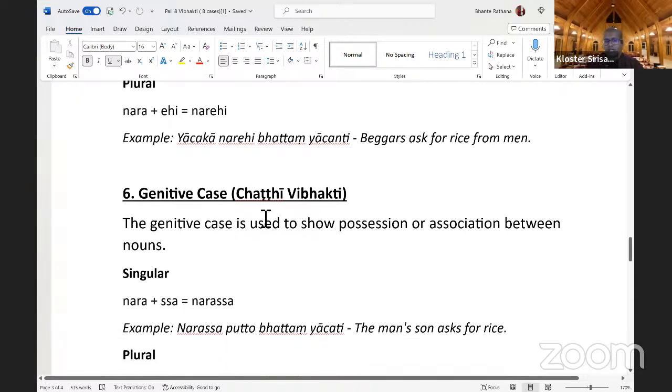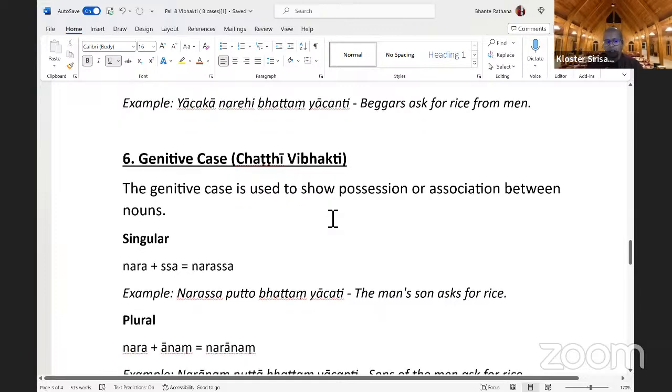So, genitive case, chaṭṭhī vibhatti. The genitive case is used to show possession or association between nouns. These are the important duties that the genitive case does in sentences. Chaṭṭhī in Pali.